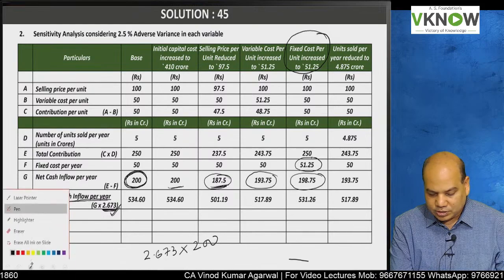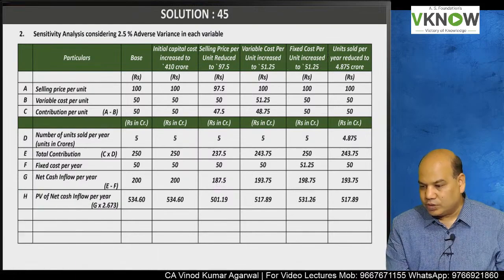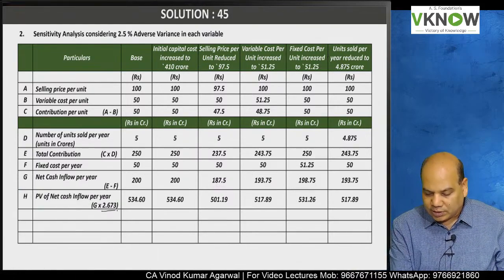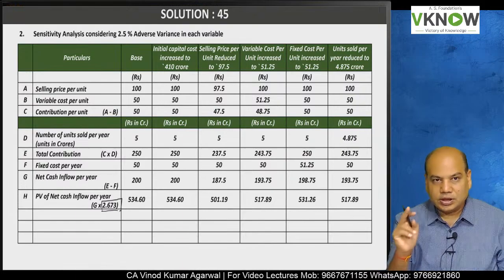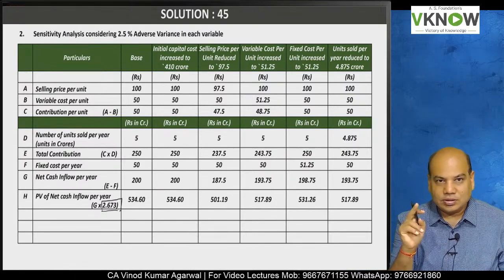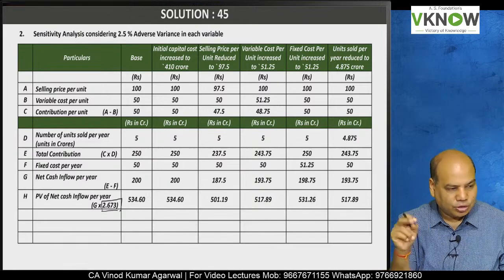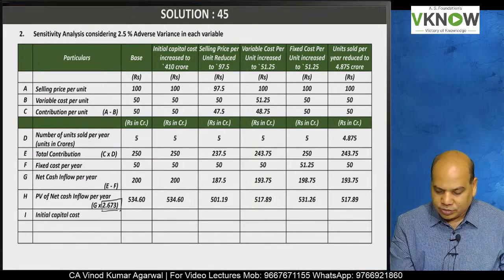Type this number, press equal to. This way you can do it fast. When you have to multiply by the same number, in the first calculation, use that number first into the other number.